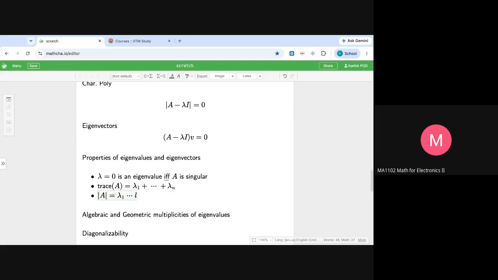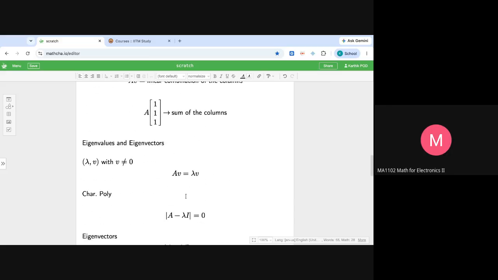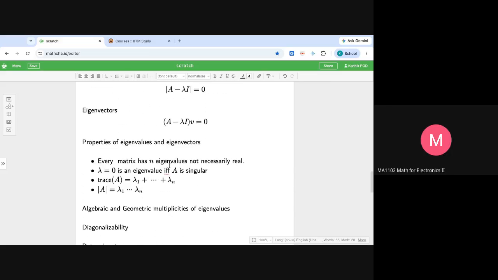Also every matrix has n eigenvalues, not necessarily real. Every square matrix, I mean, by default. The whole thing is only for square matrices. So everything is only for square matrices. Not necessarily real, it could be complex.